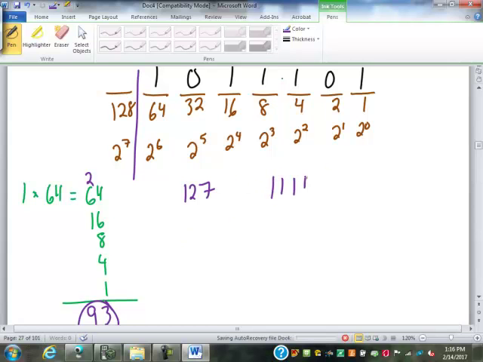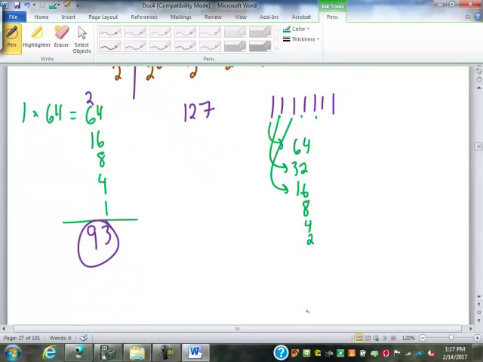That would be 7 ones. It would be 127. Because this one would be 64. This would be 32. This would be 16, 8, 4, 2, and 1. If you add that all up, you're going to get 127.